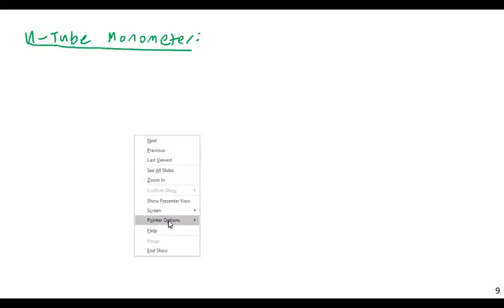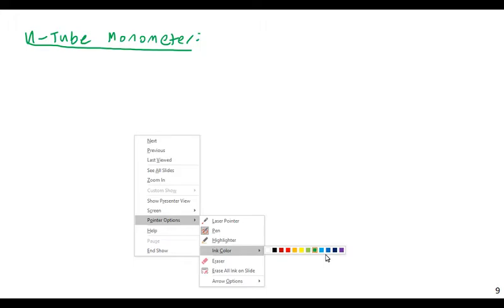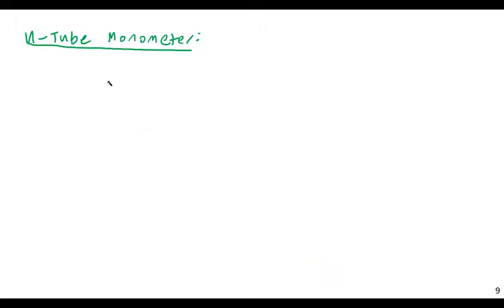All right, so this is useful for measuring the pressure. This actually is useful for measuring the pressure of a gas, not just a liquid. And we're going to use a U-shaped tube in order to do so.